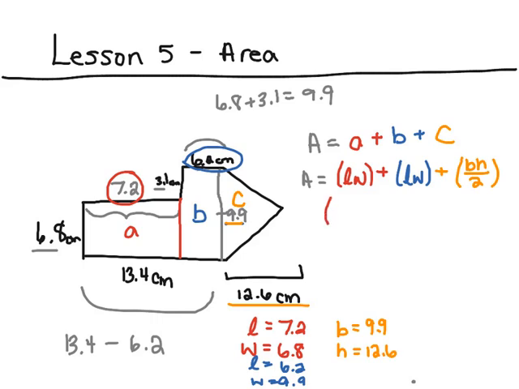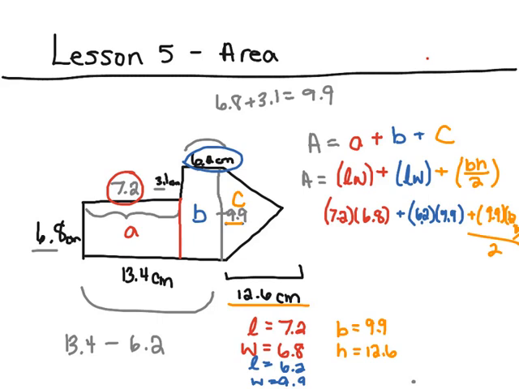So for A, we have 7.2 times 6.8, and it's better to put your numbers in brackets rather than write the times symbol, because that looks like an X, and sometimes we use X's. So don't use a times symbol anymore. For our B, our blue rectangle, we're going to take 6.2 and times it by 9.9. And for our triangle, we're going to take 9.9, times it by 12.6, and divide the whole thing by 2.